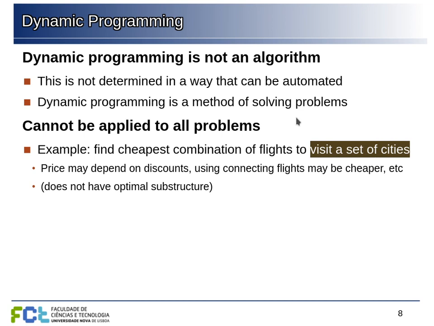Sometimes it happens that if you want a direct flight from city A to city B, it's actually more expensive than going with a connection flight from city A to C and then from C to B. So if you want to find the cheapest combination of flights to visit a set of cities, you cannot guarantee that you can solve this by looking at smaller subsets of the cities, because it may actually be more expensive to visit fewer cities than to visit more cities, because of the problem of connecting flights, because you can have discounts if you travel more than a certain number of kilometers, and so on.